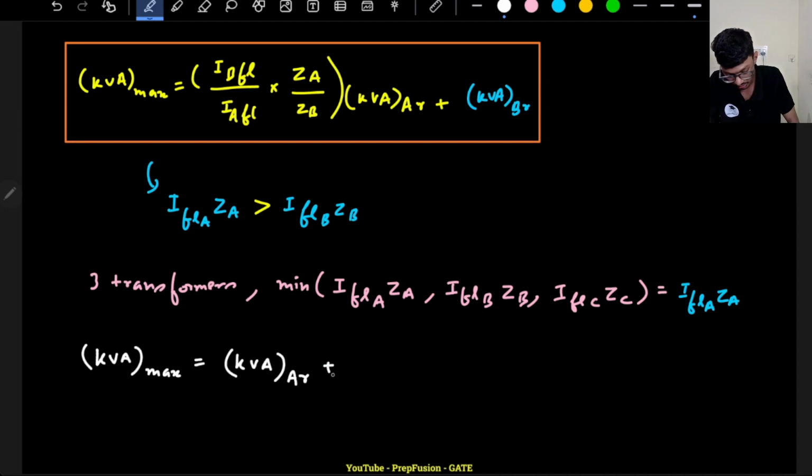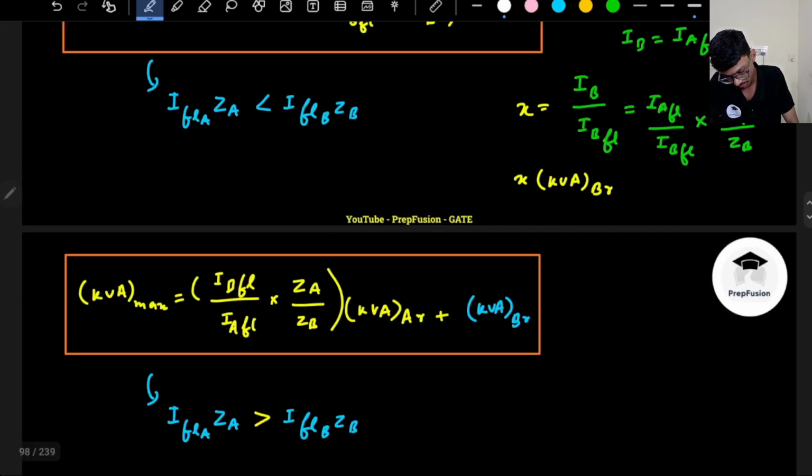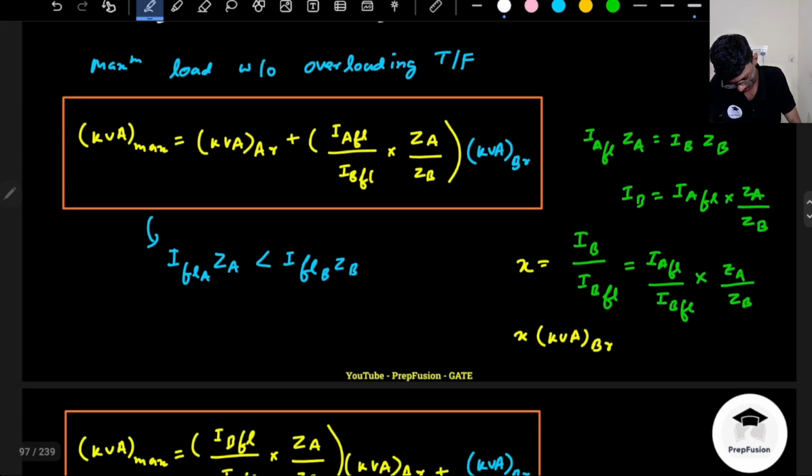What about the other one? Again, the same loading factor, right? Here it will be IFL A, the rated condition full load current, divided by IFL B for transformer B, into basically ZA upon ZB. Correct?